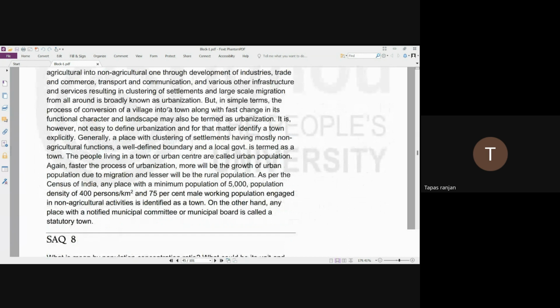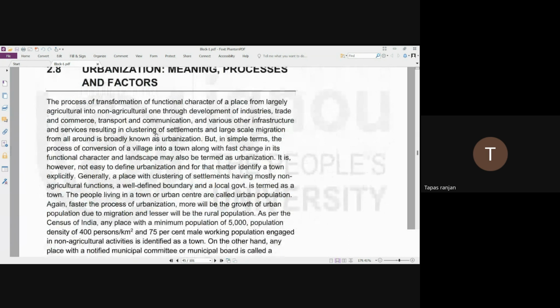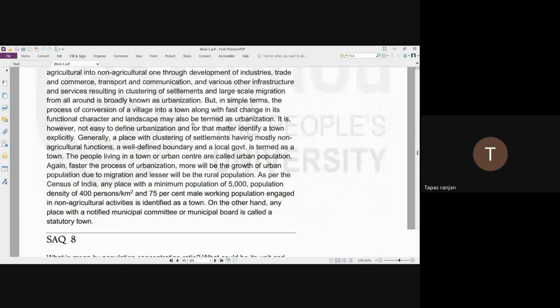According to the census of India, places can be considered urban if they fulfill certain criteria.